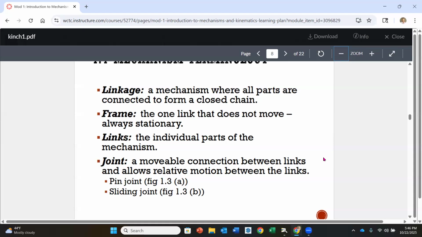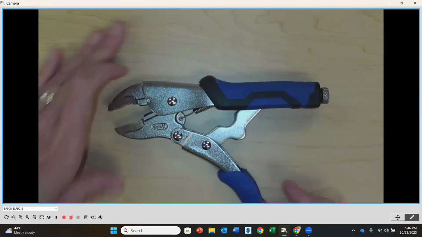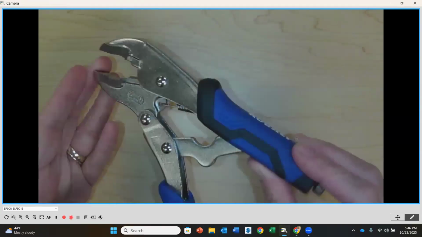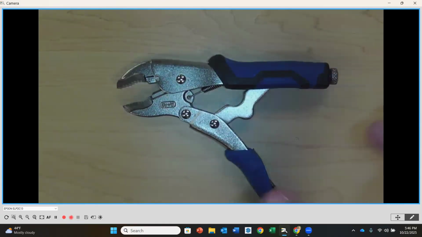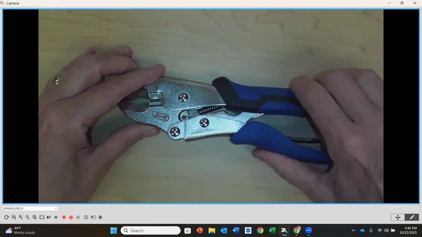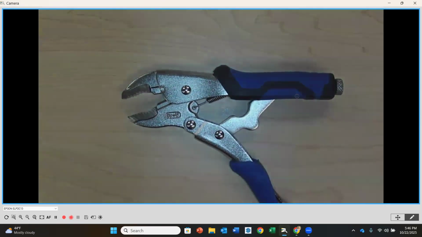So for instance, I have a hand tool underneath here. This is a vice grips, all right? Now, none of this is bolted down. I can pick this up and move it around. So when I look at a frame of the mechanism that moves here, the elements that move relative to one another, what I need to do then is identify what the frame member is.